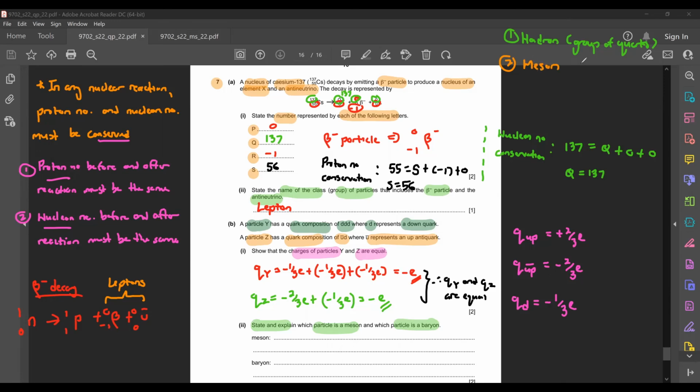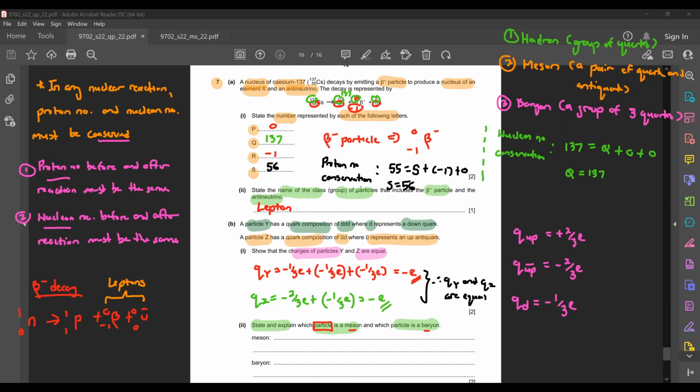Now, a meson is a pair of quark and anti-quark, and a baryon is simply a group of 3 quarks. So in our case, we need to explain which of the particles above is a meson and which one is a baryon.